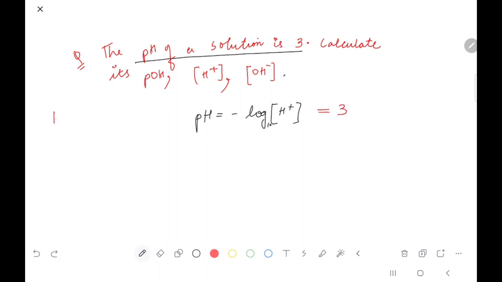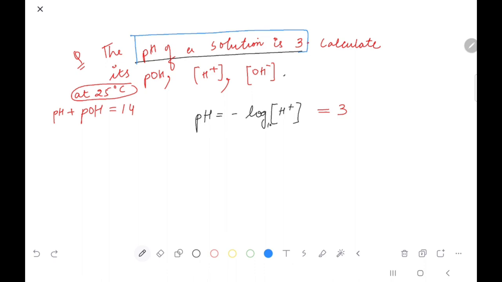Also, another formula that I have is that pH plus pOH is 14 for every solution at 25 degrees Celsius. So we are going to solve all my questions at 25 degrees Celsius. So I hope you're understanding that when we are talking about the pH of the solution being 3, we calculate its pOH, H plus and OH negative ion concentration.